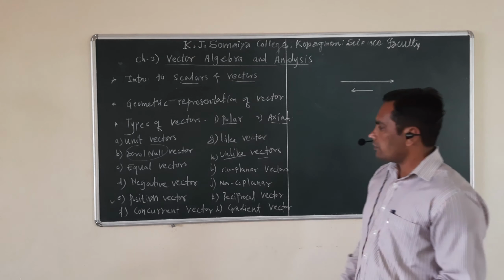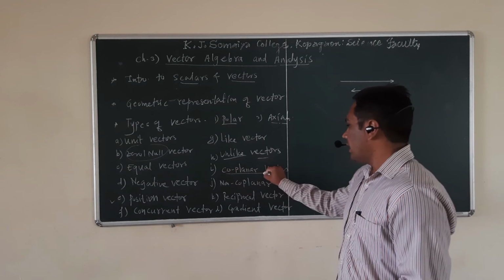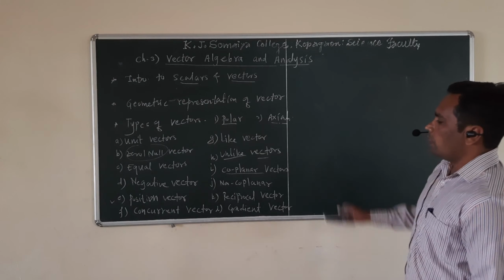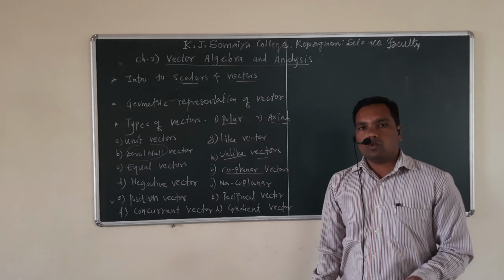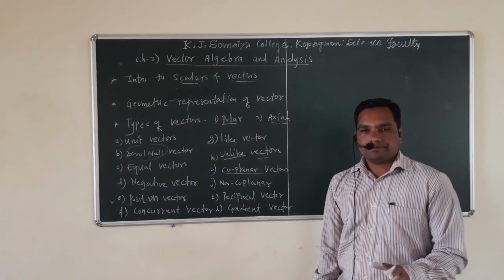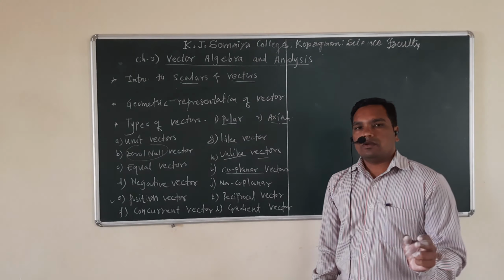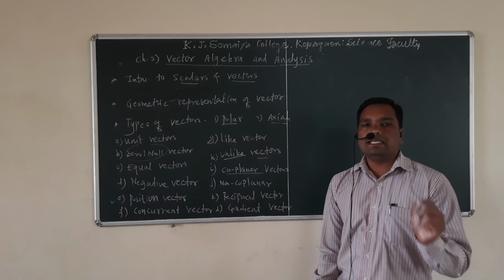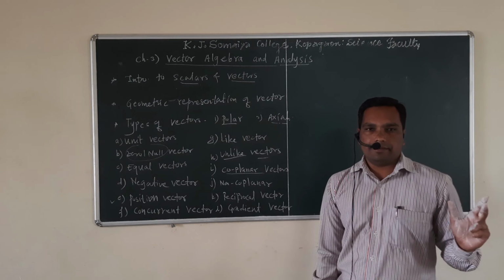The next, coplanar vector. To know what is meant by coplanar vectors: two or more vectors are said to be coplanar when these vectors lie in the same plane.